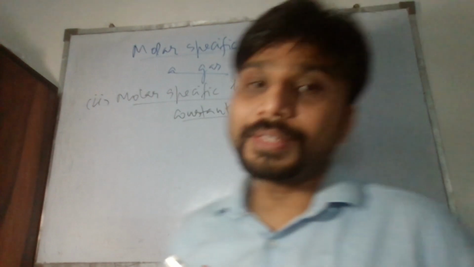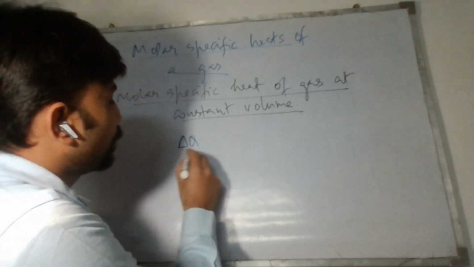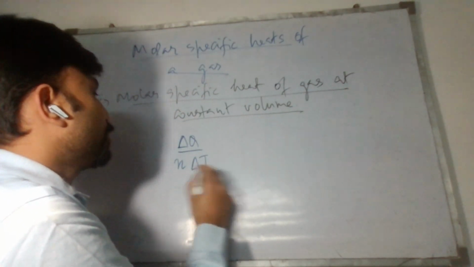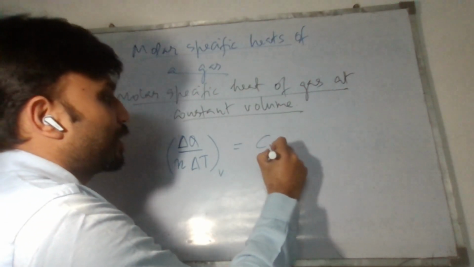The definition is the heat provided to the gas per unit mole per unit rise in temperature at constant volume. So this is Cv.